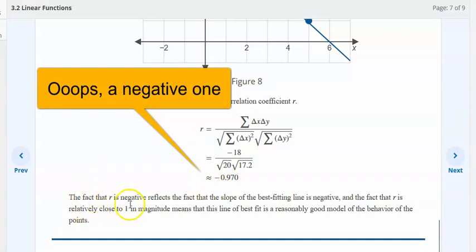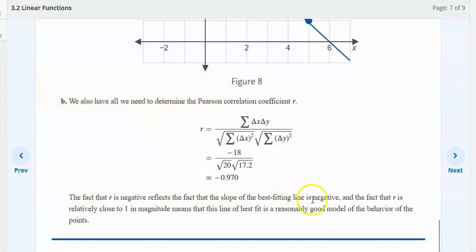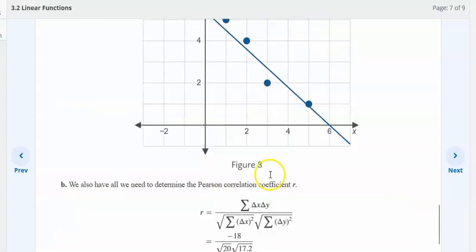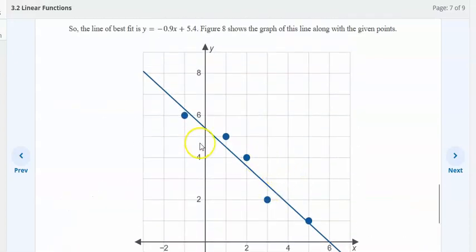The fact that R is negative reflects the fact that the slope of the best fitting line is negative. And the fact that R is relatively close to 1 in magnitude means that this line of best fit is a reasonably good model of the behavior of the points. And you could have almost eyeballed this, but this would be the way to do it mathematically. Again, quite tedious.